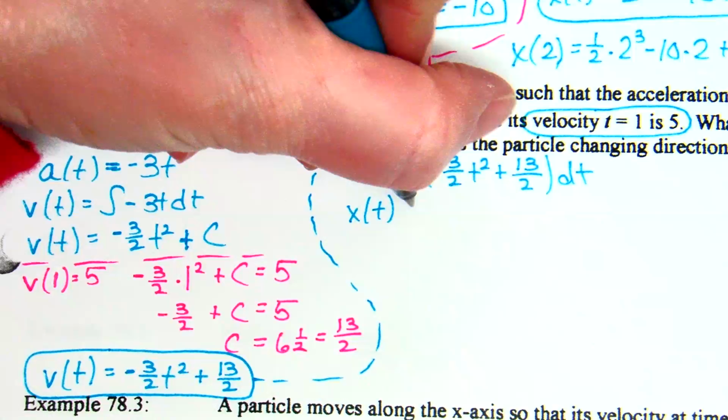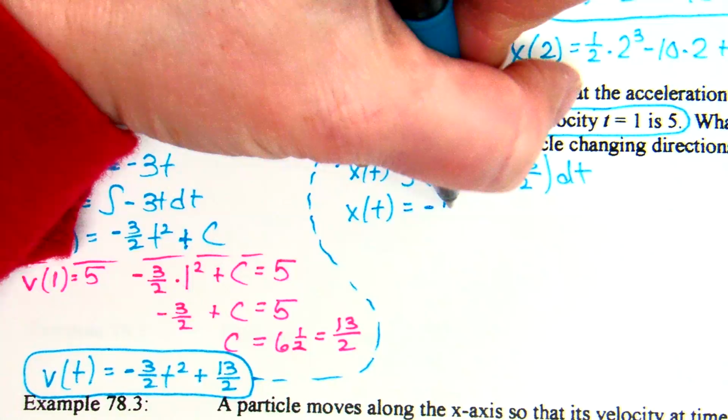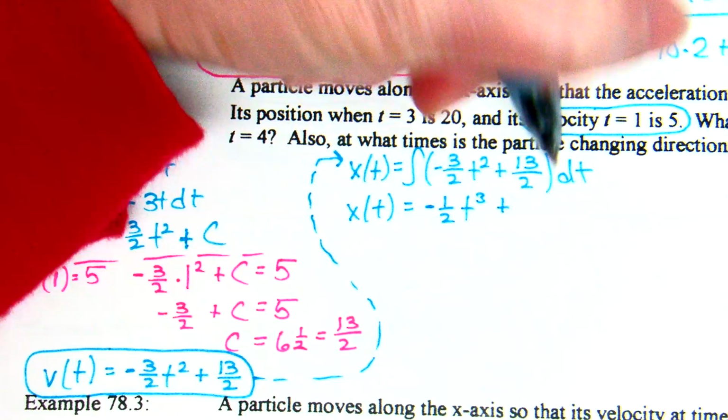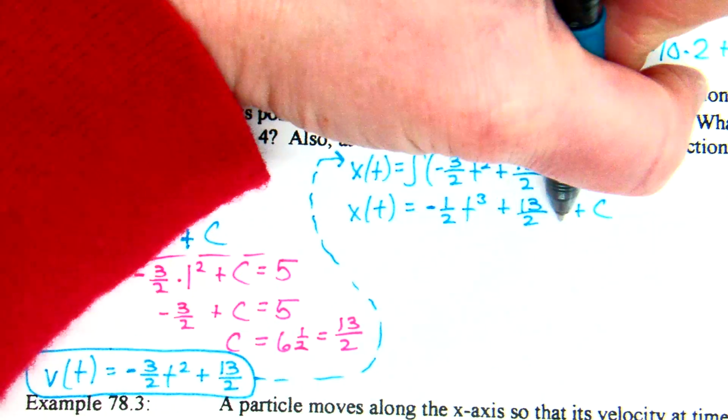Integral of negative 3/2 t squared: add 1 to the power, it's now a power of 3. Divide by 3. The 3's cancel and we have negative 1/2 t cubed plus the integral of 13/2, which is 13/2 t, plus c.